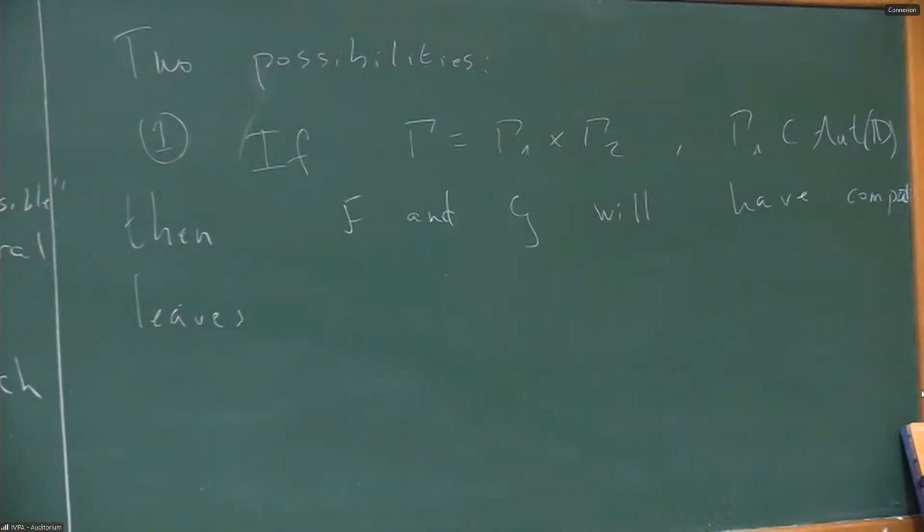And more generally, this happens even if gamma has a finite index subgroup which is a product.